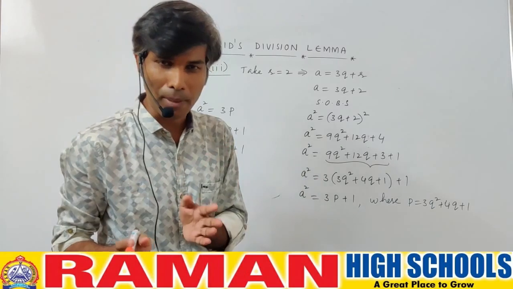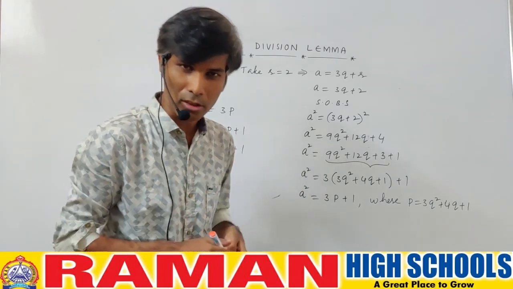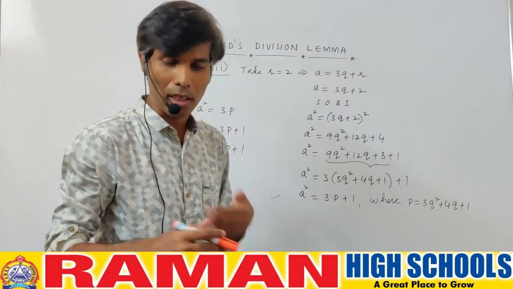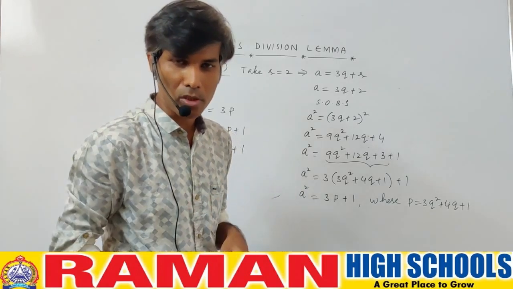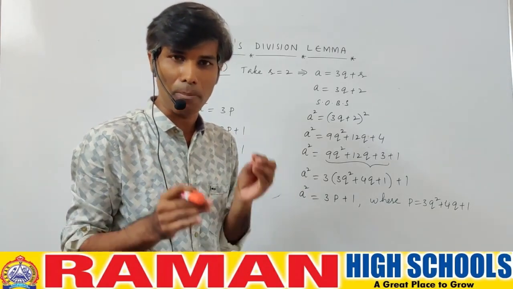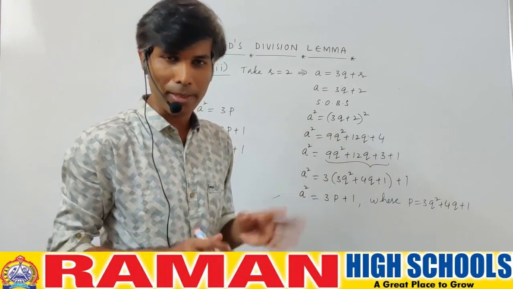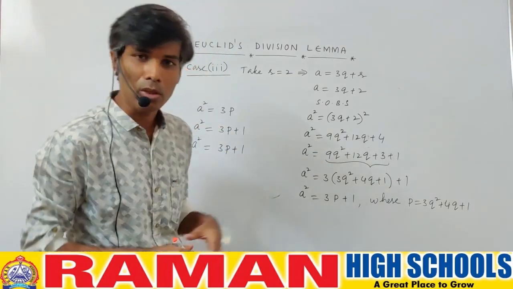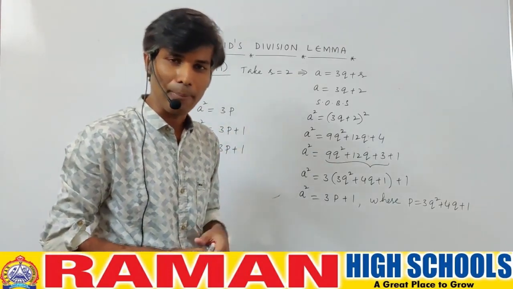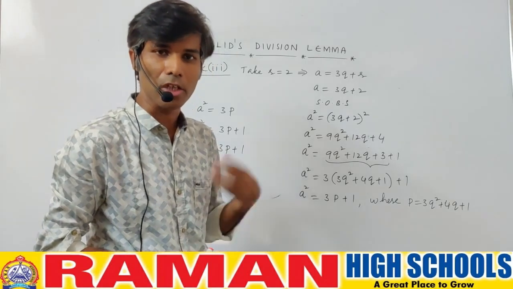So the 3p plus 2 must be struck out. In newer versions of textbooks, you can find only 3p and 3p plus 1. So we can conclude that the square of any positive integer is of the form 3p or 3p plus 1.